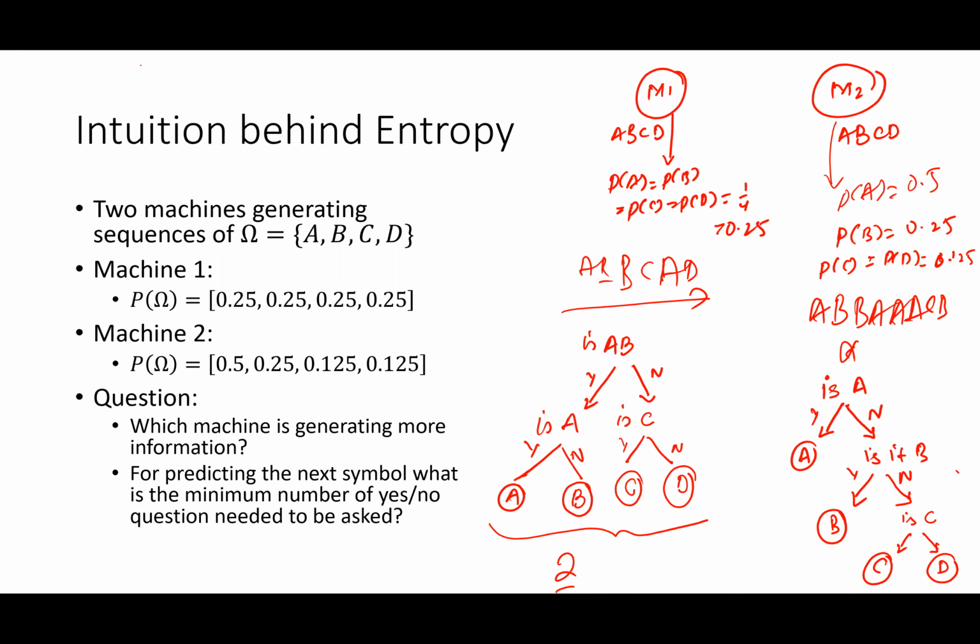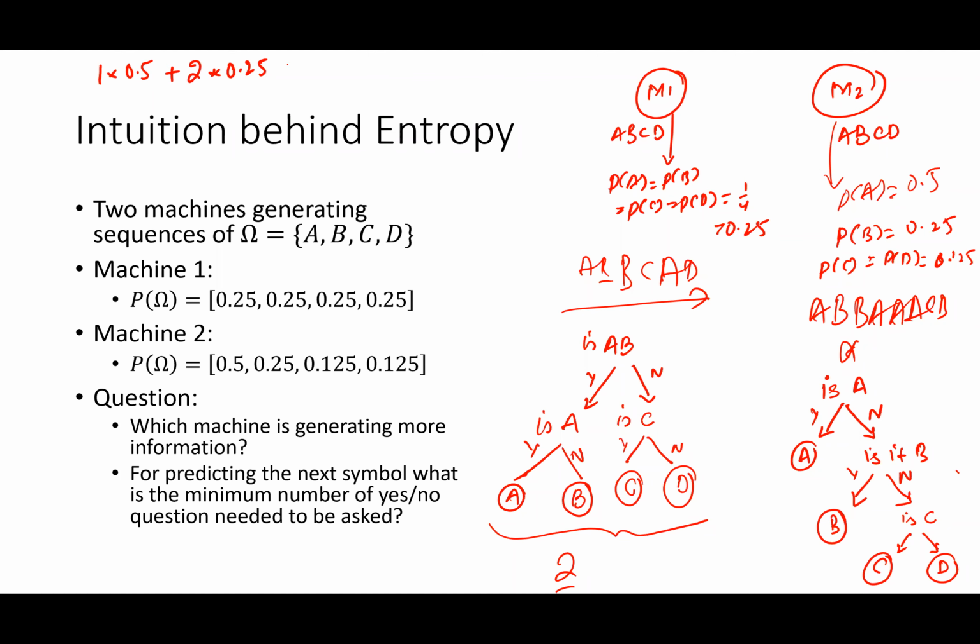So A has a probability of 0.5, and we have to ask 1 question. Then in case of B, we have to ask 2 questions, and the likelihood of it is 0.25.